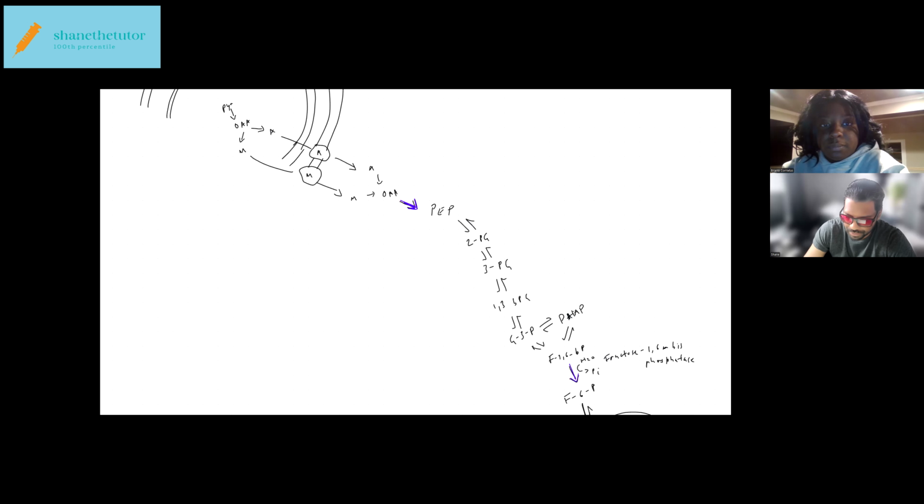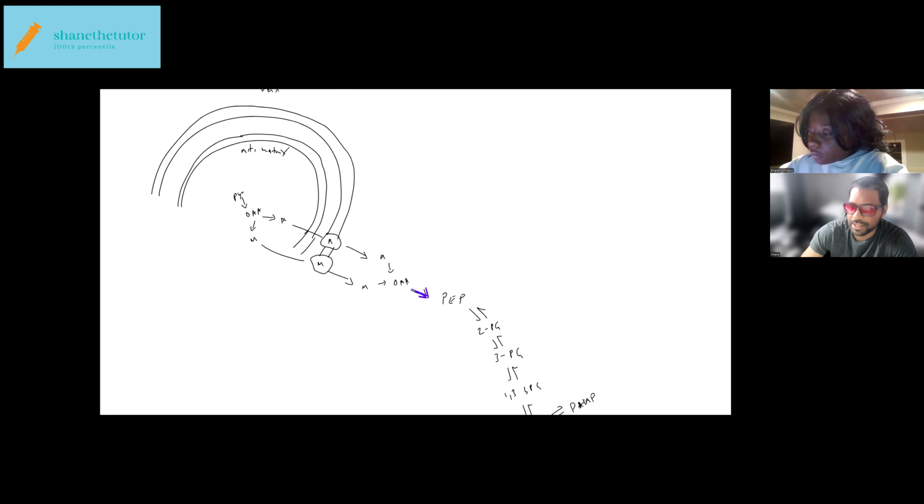Oxaloacetate into PEP. This is also going to be, yeah, the pyruvate carboxylase, actually, like over here.